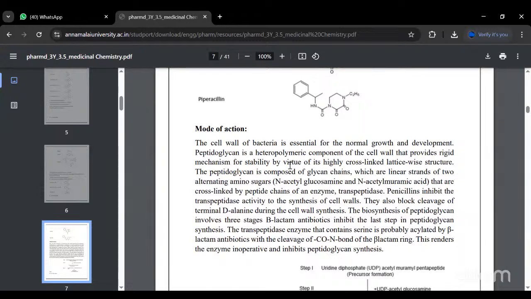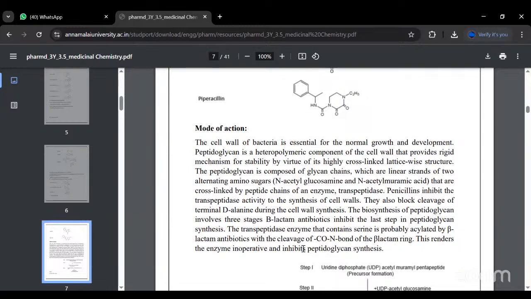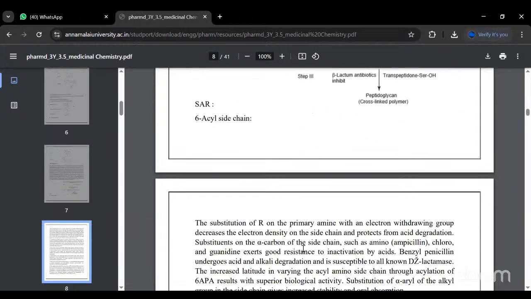This reaction of the enzyme with the NH3 group and the bonding ring renders it inactive and inhibits the polypeptide chain.